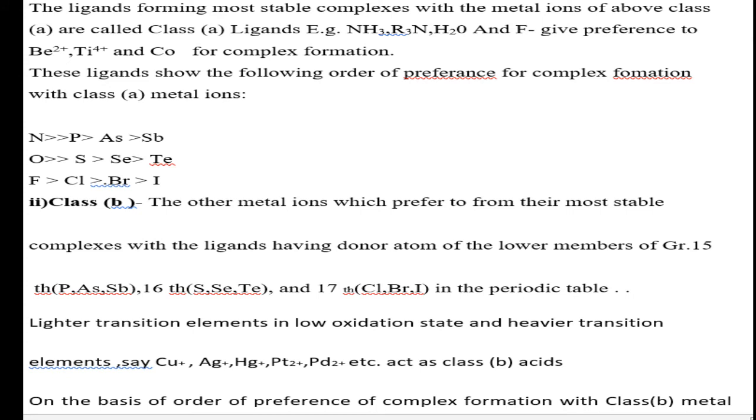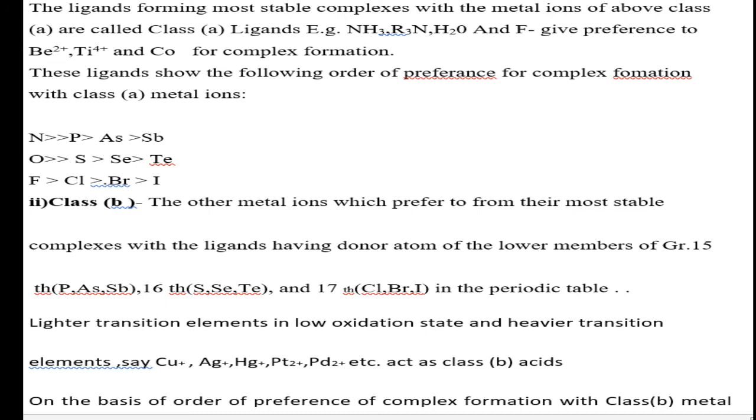Now we come to class B. The other metal ions prefer to form their most stable complexes with the ligands having donor atoms of the lower members of group 15, that is phosphorus, arsenic and antimony, group 16, sulfur, selenium and tellurium, and group 17, which have chlorine, bromine and iodine in the periodic table.